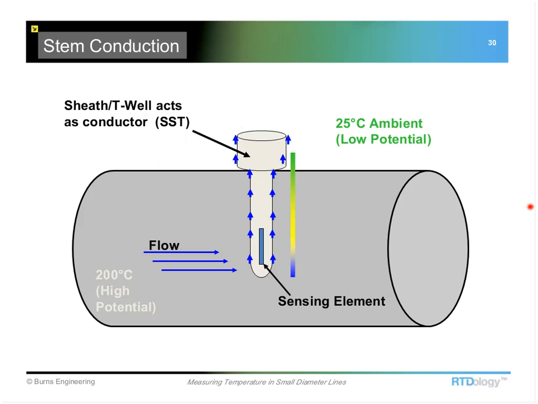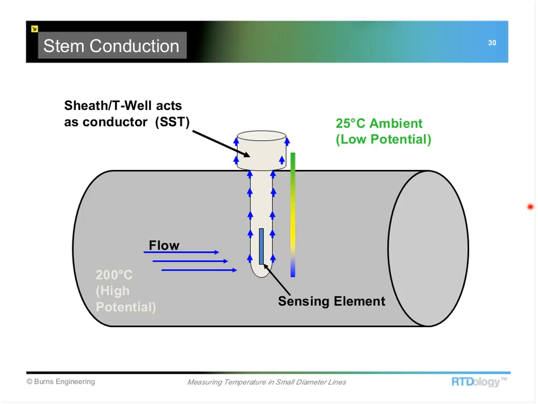Now this immersion length has to be balanced with your flow rates and things, so that if you have a high flow rate, you don't want the probe to start vibrating or cause enough drag on it to cause it to bend or break off. So there's a balance between getting sufficient immersion to overcome the stem conduction versus keeping it safe and viable for that particular flow rate and process fluid conditions.